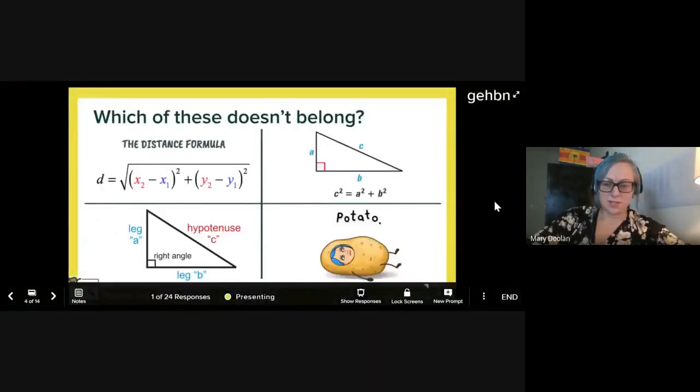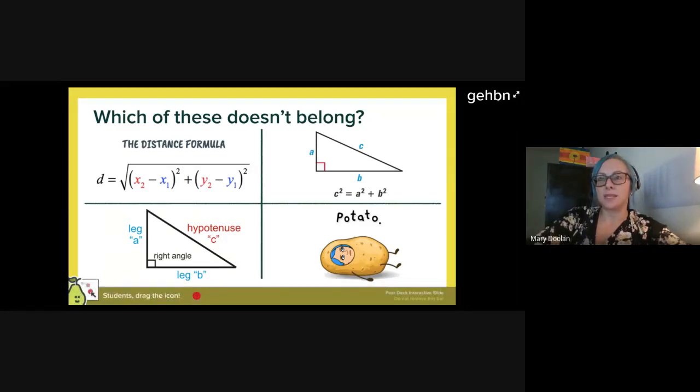And so here's your next slide. This is which of these doesn't belong. You're going to drag your dot to where you think there is something that does not belong.